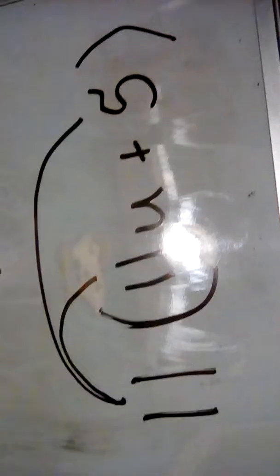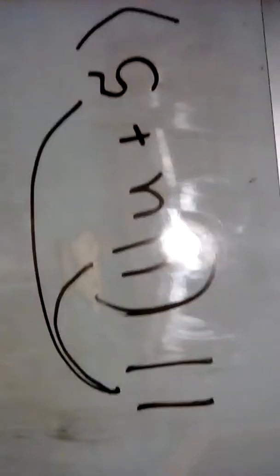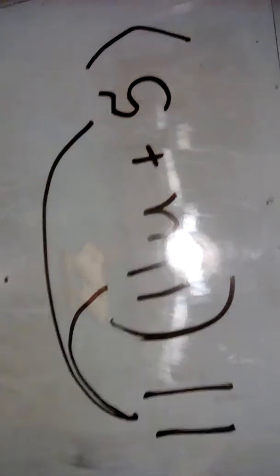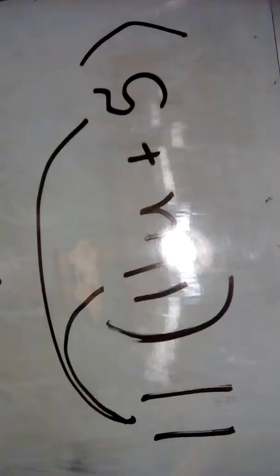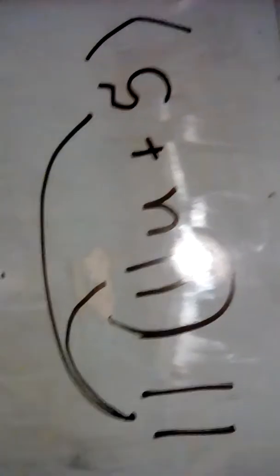So 11 times 5 would give me 55. So I took this expression and I kind of expanded it out, okay? So I found the number that would go into both 121 and 55, and I pulled it out, okay? So I kind of did the opposite.